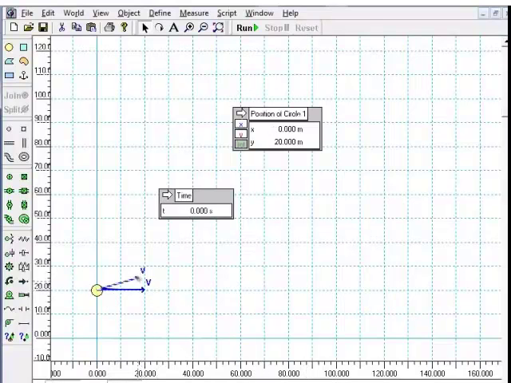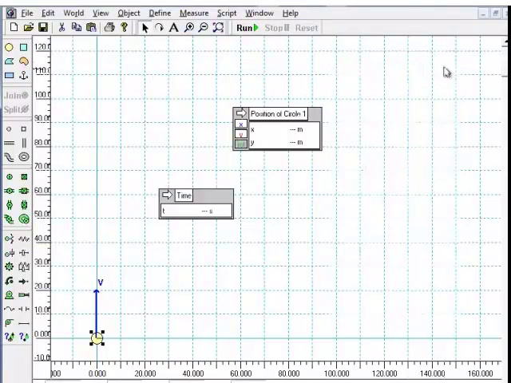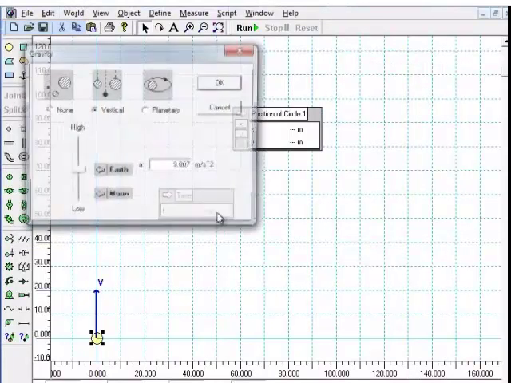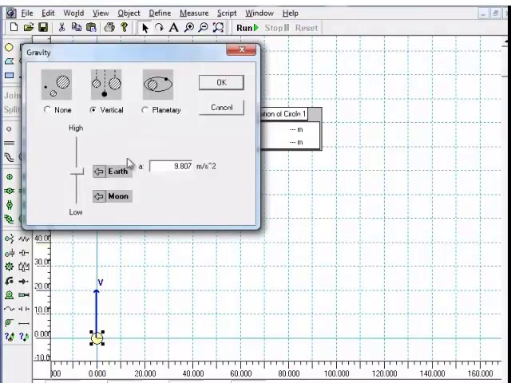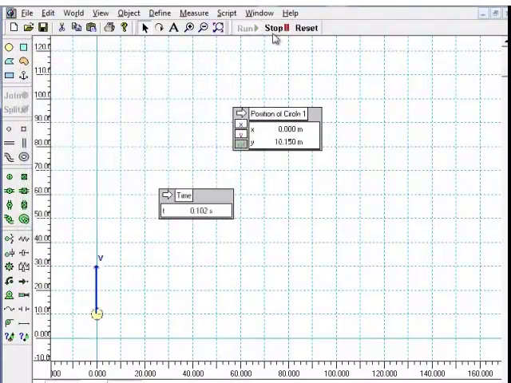Okay, again I'm going to reset. This time I'm going to shoot it straight up, and once again I will turn gravity off. I'm going to put it at the 0 mark here, and I'm going to double check if I just changed that, yep, to exactly 100 meters per second. And as I said, I will turn gravity off. There we go. And I'm going to shoot it again close to 1 second.